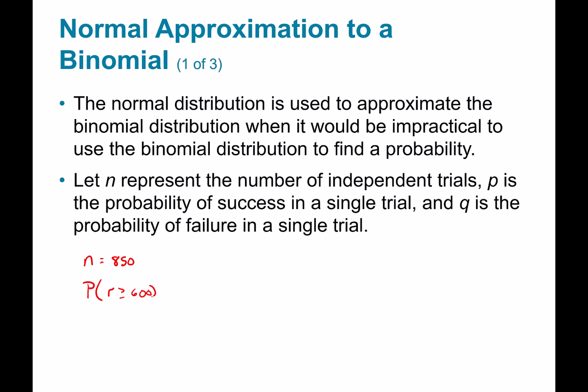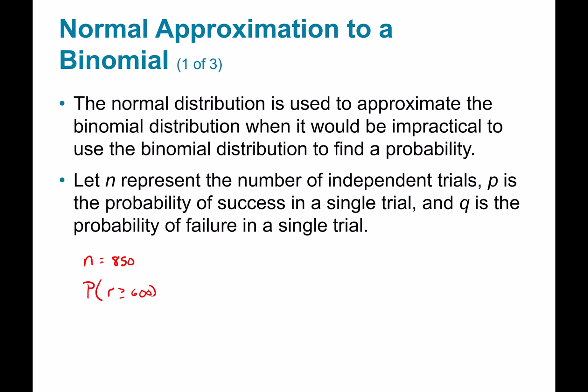Well, if you think back to how we would have had to do this in chapter 5, we would have had to add up the probability that R is equal to 600, 601, 602, 603, all the way up to 800, or 0 all the way up to 599. Assuming that there was even a table for this many values of trials.